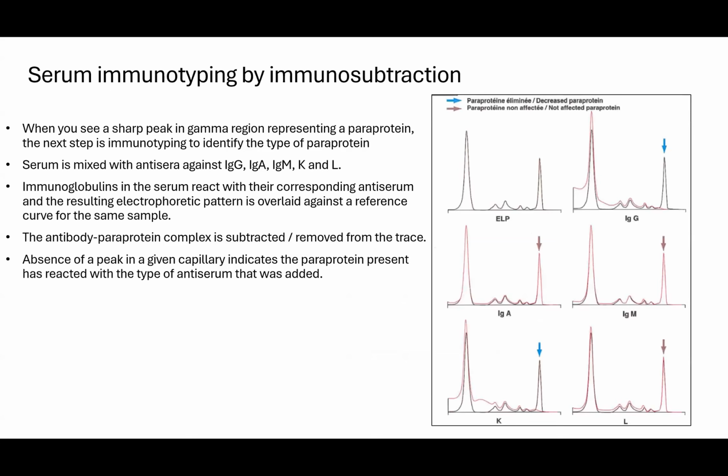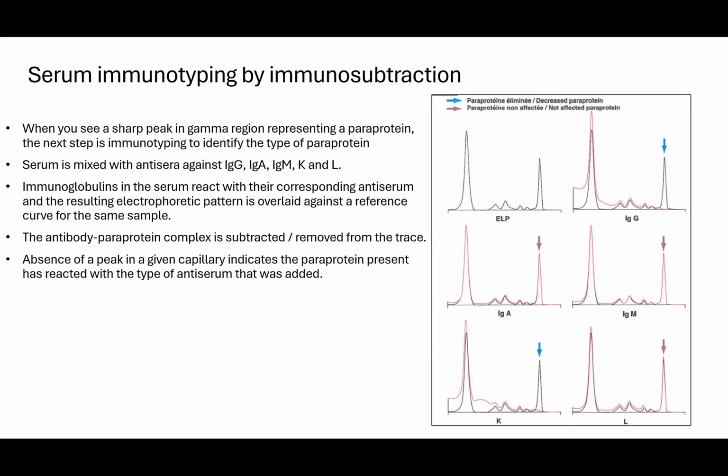Right, what is serum immunotyping by immunosubtraction? So when we see this sharp peak in the gamma region, that's when it is scary. It represents a paraprotein. Then the next step is to immunotype and identify the type of this paraprotein.